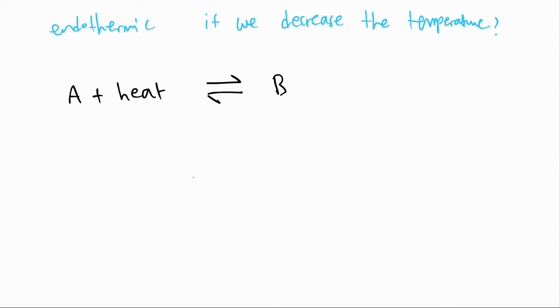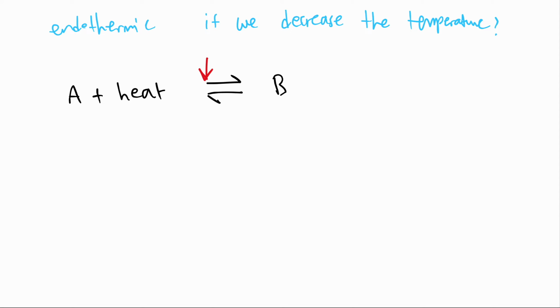If the temperature decreases, there would be less heat on the reactant side, right? Remember, this is all happening within one enclosed box. So if the temperature within this entire box decreases, there's going to be less heat on the reactant side. And hence, equilibrium would have to shift left to even out the heat. So the equilibrium would shift towards the left.